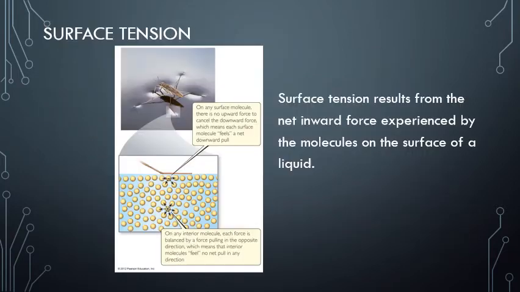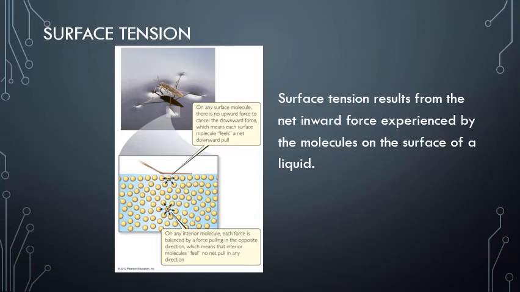The next thing that we have is surface tension, and surface tension results from the net inward force experienced by the molecules on the surface of the liquid. You can see here in the diagram down below, on the surface it has forces pulling it in a diagonal direction going down, and in the horizontal direction going across the top of the surface.